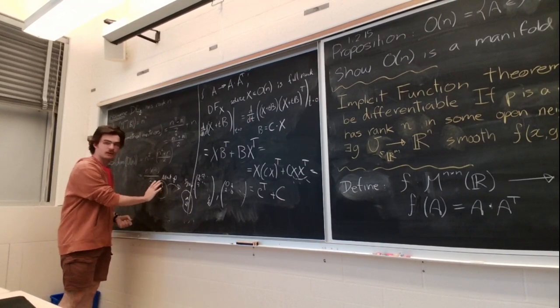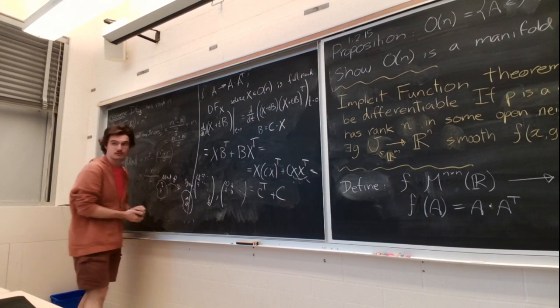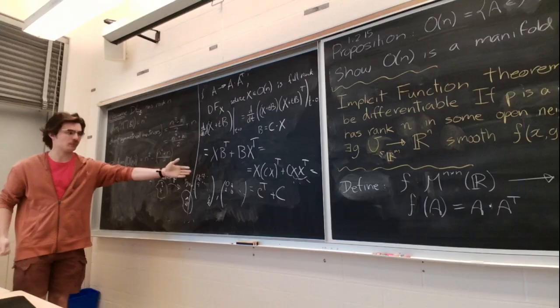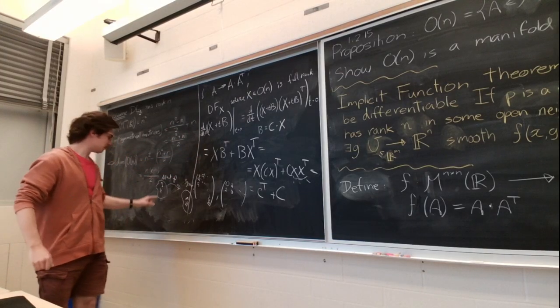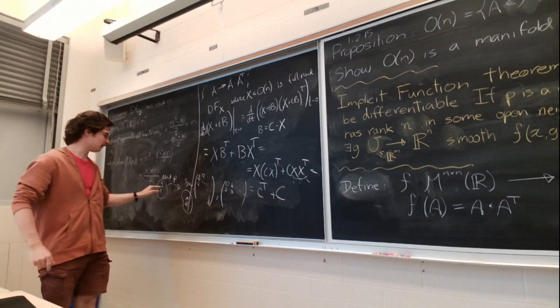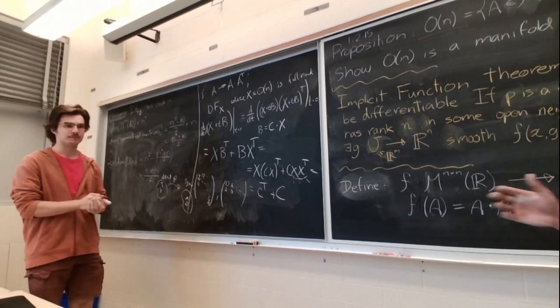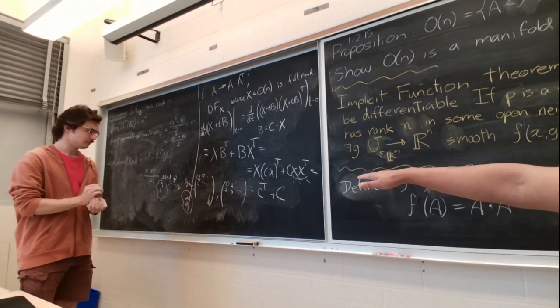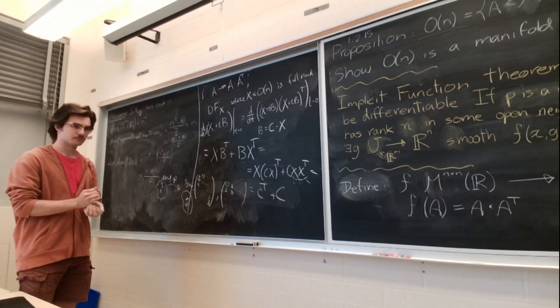So walking around here, I can travel anywhere here locally. And that's what we just showed by computing the derivative and showing that for any direction here, I can pick a matrix here. The full rank part is that we showed C transpose plus C is always symmetric as well.